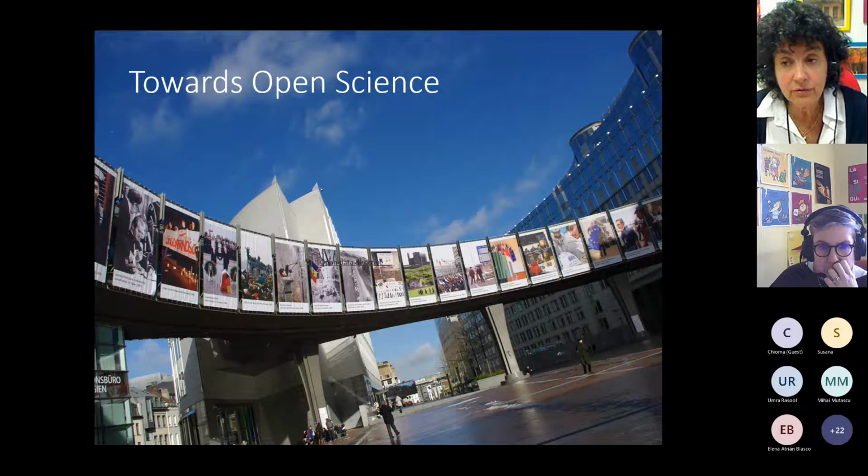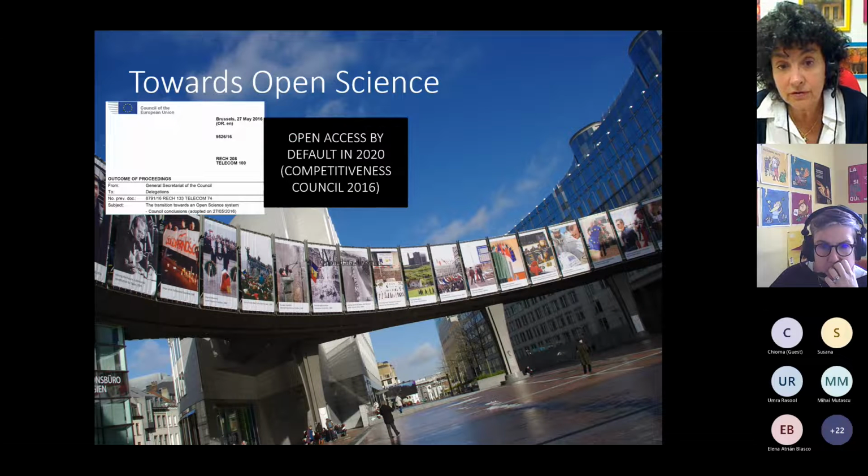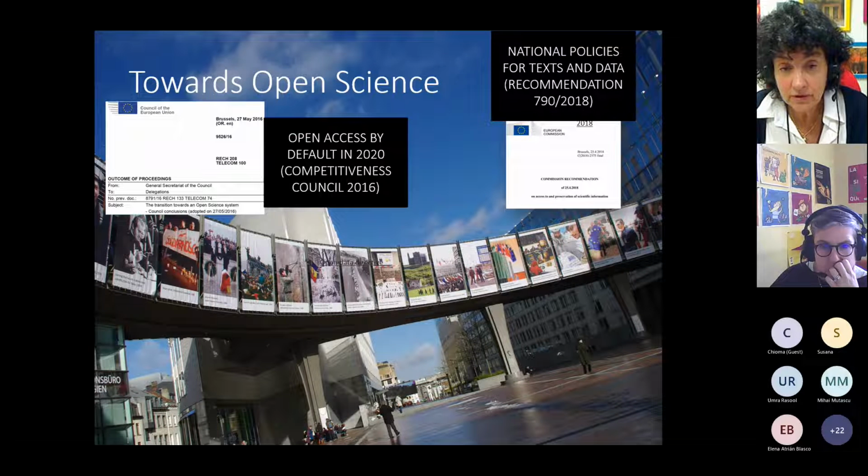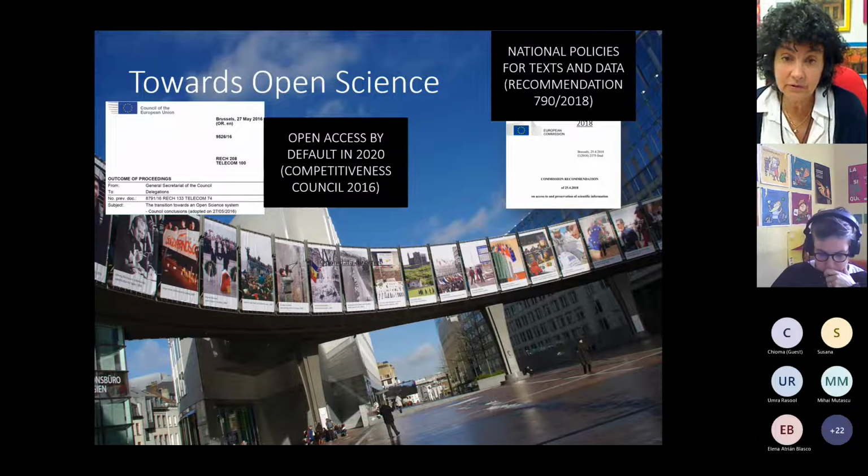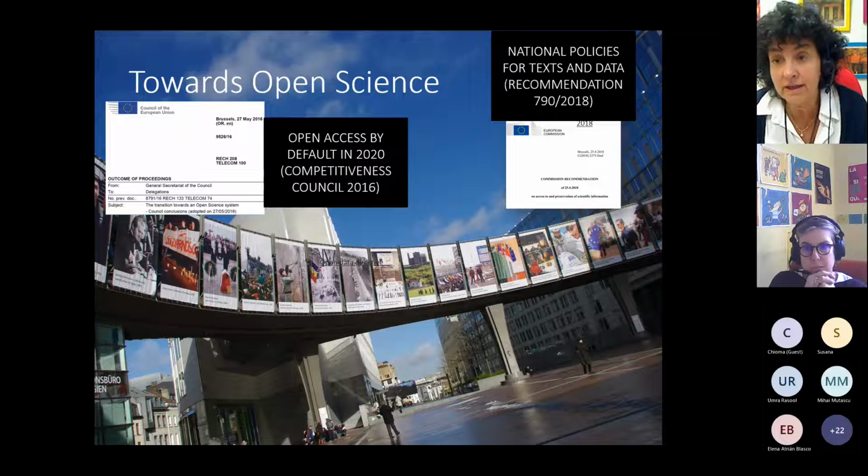There are also official documents bringing us towards open science. First of all, the Council on Competitiveness in 2016, setting open access by default in 2020, so we are already late.